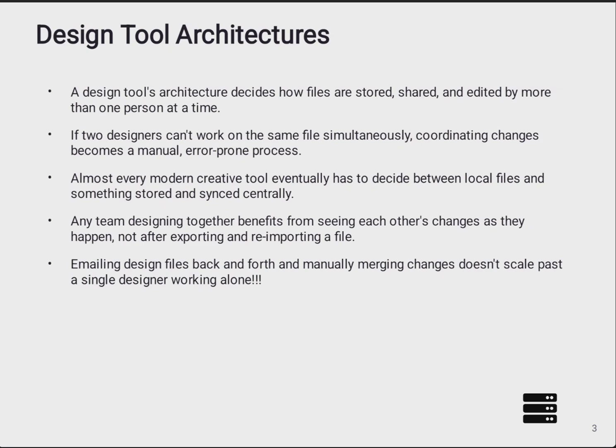Almost every modern creative tool eventually has to decide between local files and something stored and synced centrally. Any team designing together benefits from seeing each other's changes as they happen, not after exporting and re-importing a file. Emailing design files back and forth and manually merging changes doesn't scale past a single designer working alone.